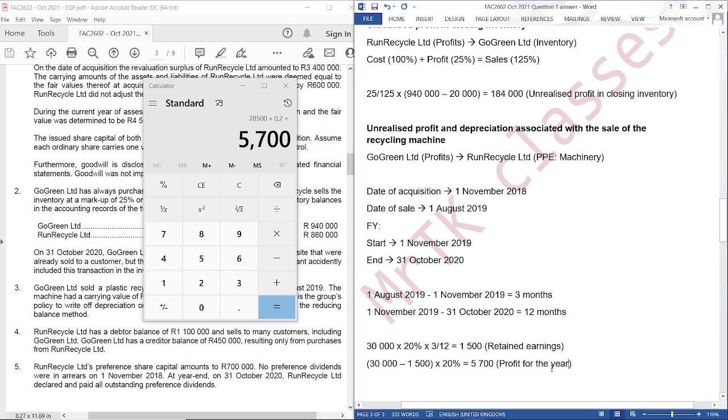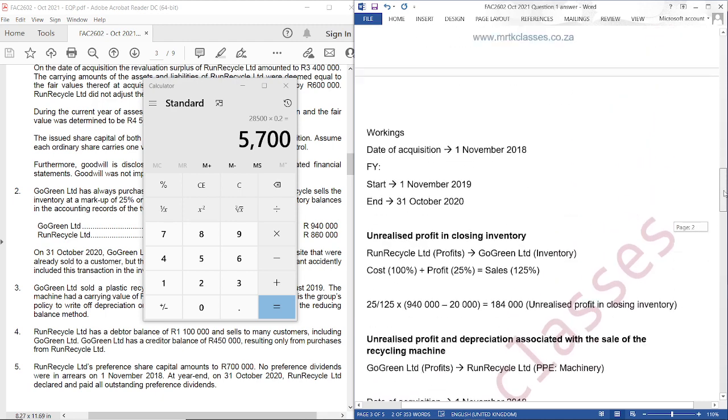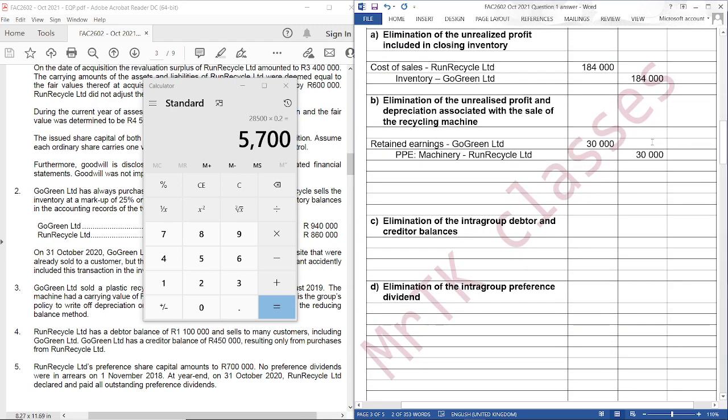So since we said every time the machinery depreciates, profit has to be stated back, right? It has to be added back because it's now realized. So this 1,500 will come here. We are going to credit 1,500.